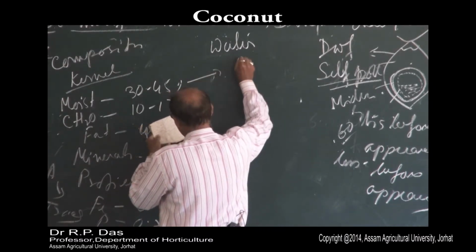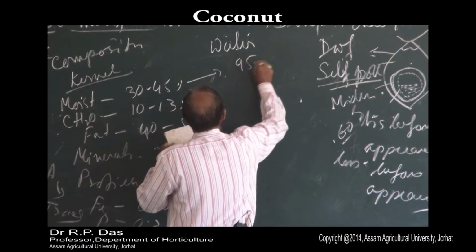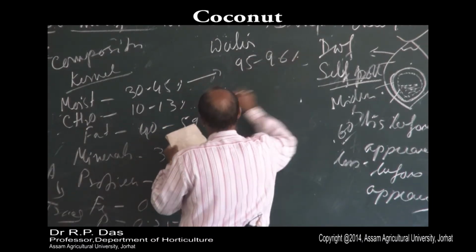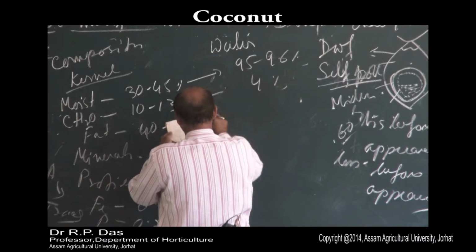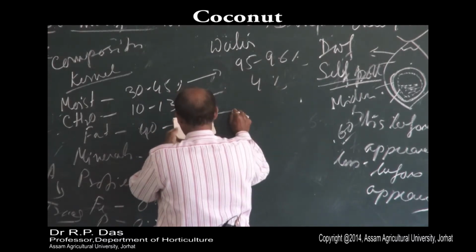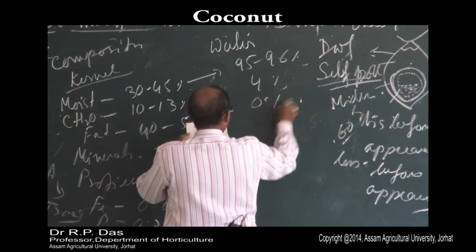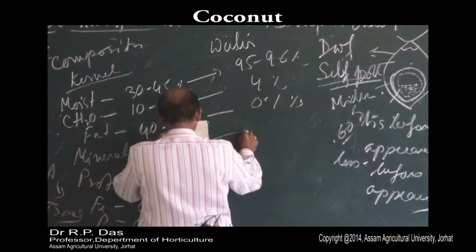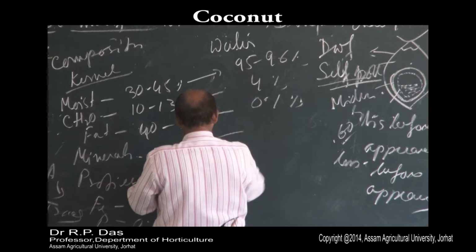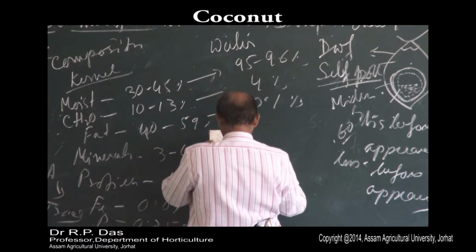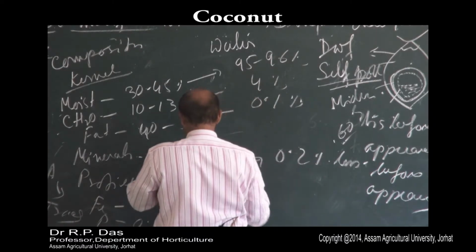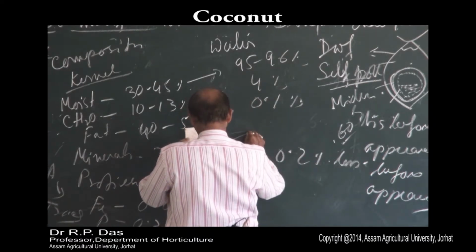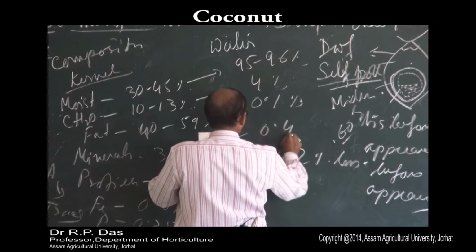Moisture content, it is 95 to 96%. Then carbohydrate content is 4%. Then fat content is 0.01%. Then protein content is 0.2%. Then mineral content is 0.4%.